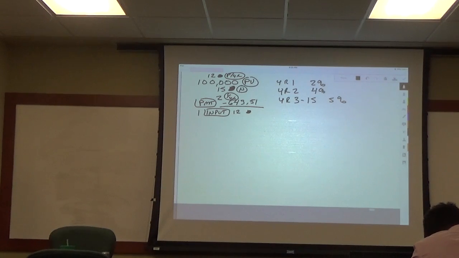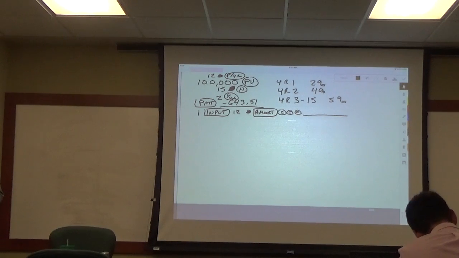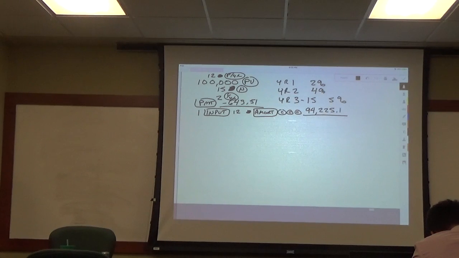Okay, all right. Now, for the first 12 months, I'm going to kind of try to shortcut this so I can fit all on one page. Okay, we get our balance at the end of that first year. So we should get 94,225.15.